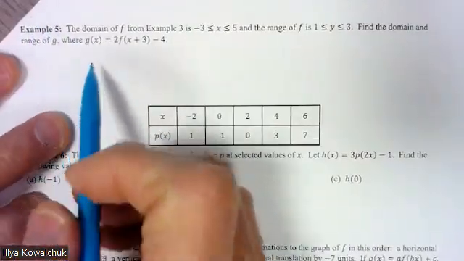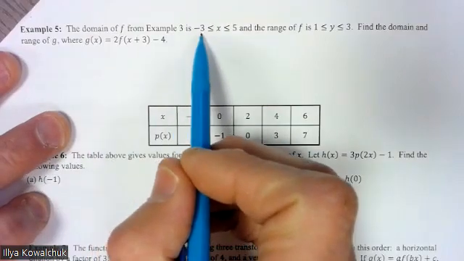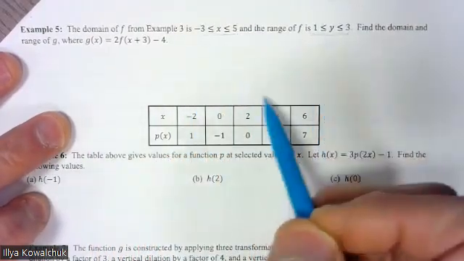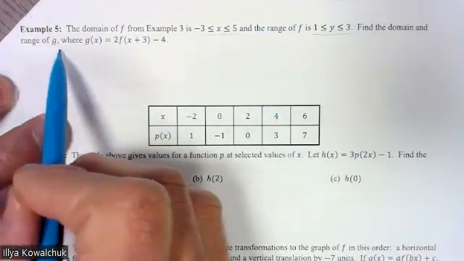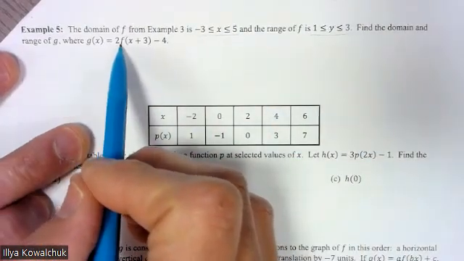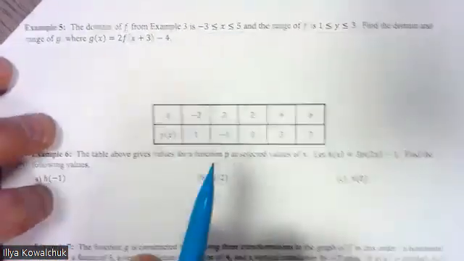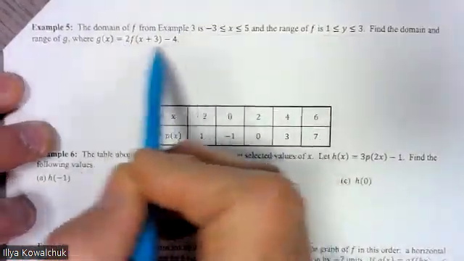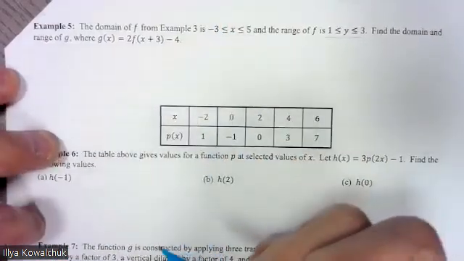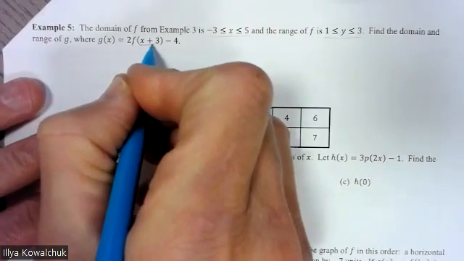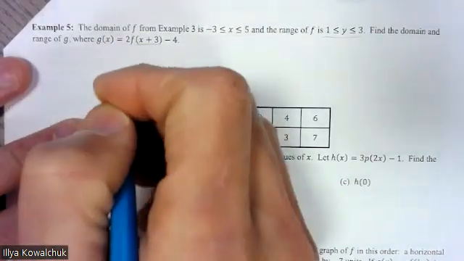The domain of f from example 3 is -3 to 5, and the range is 1 to 3. Find the domain and range of g, where g(x) is 2 f(x plus 3) minus 4. So what we need to do is think about how our x values and our y values are going to be affected. Well, remember we said the x values were all inside the parentheses.